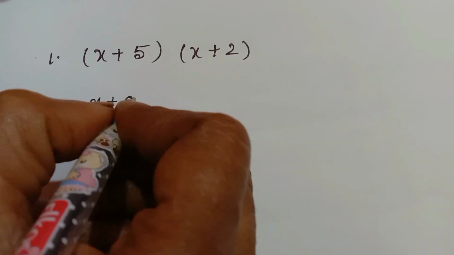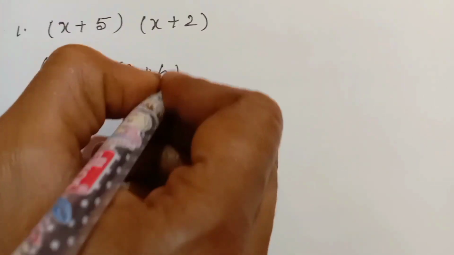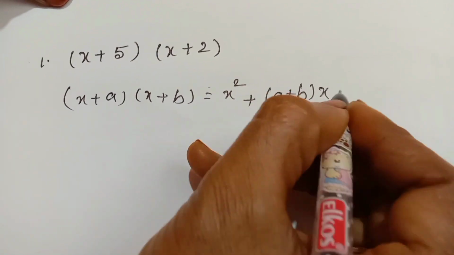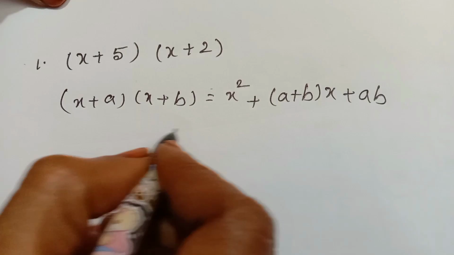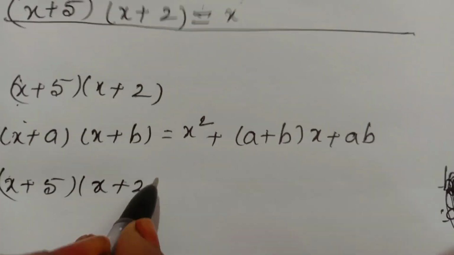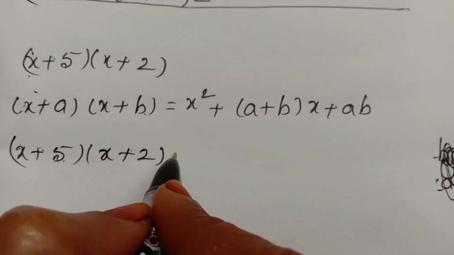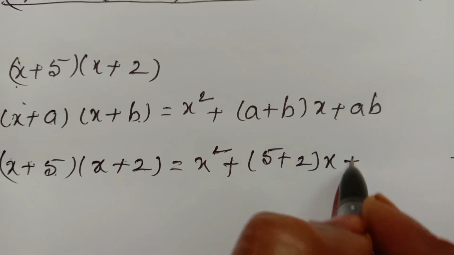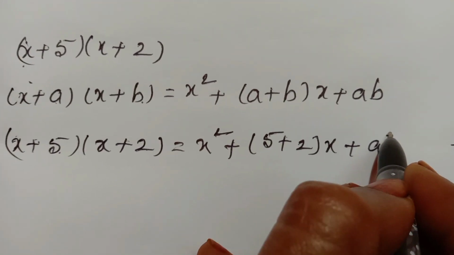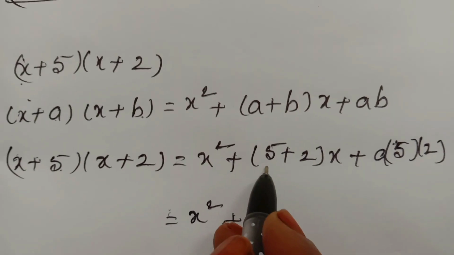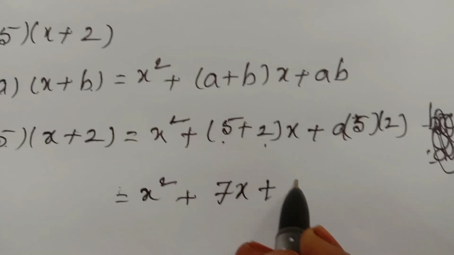Here the degree is 1. (x + a) into (x + b) is equal to x square plus (a + b) into x plus ab, the sum of two constants. (x + 5) into (x + 2): here a value is 5, b value is 2. x square plus (5 + 2) into x plus 5 into 2. That is x square plus 7x plus 10.